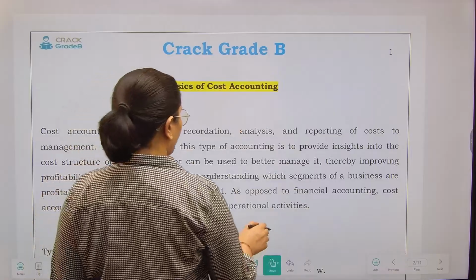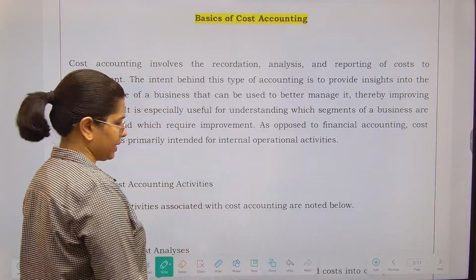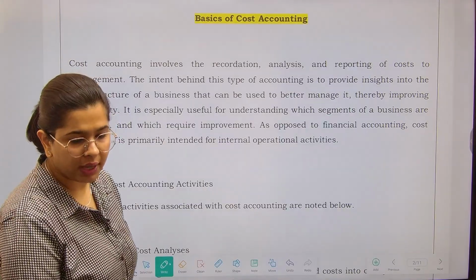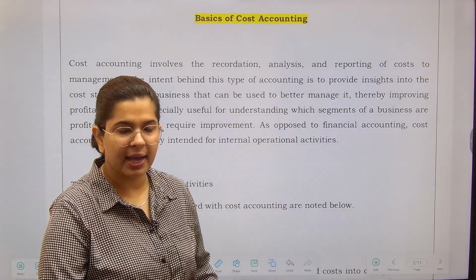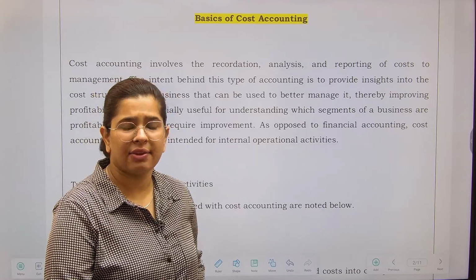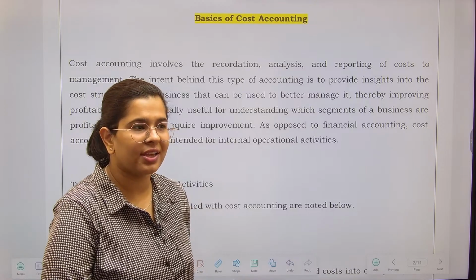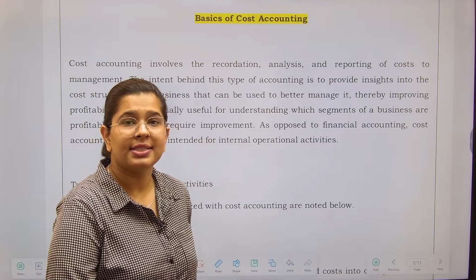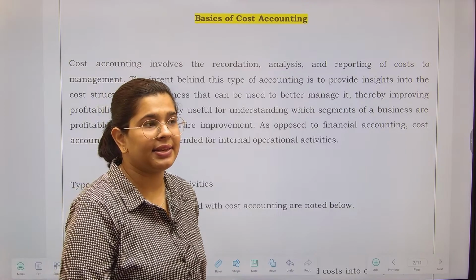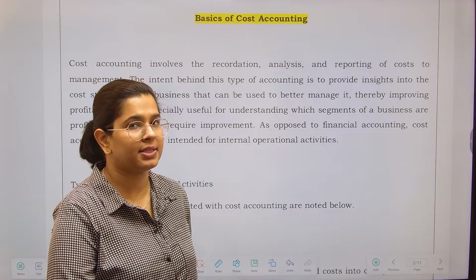So basics of cost accounting, and when I'm saying basics, believe me, they are truly basic. Cost accounting is very wide, and it has got a lot of principles, objectives, definitions in it, right? Obviously, you can understand that cost accounting is a separate discipline in itself, and it can have a 400 to 500 pages book.